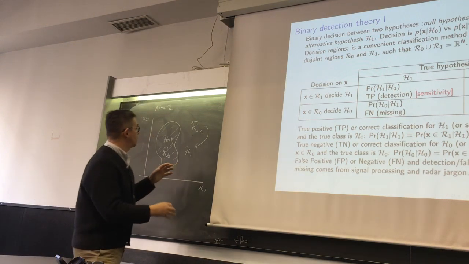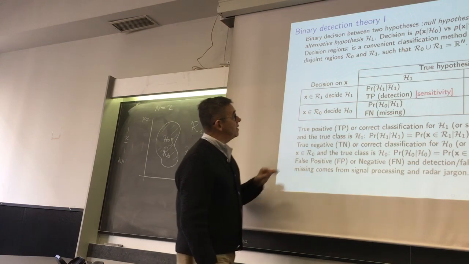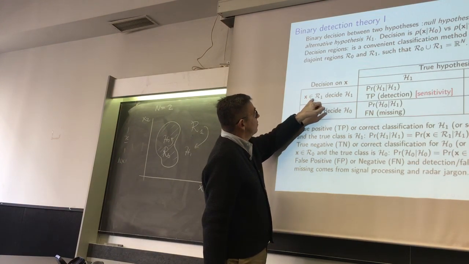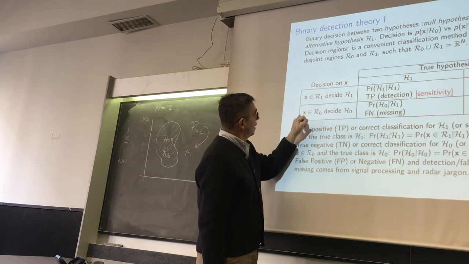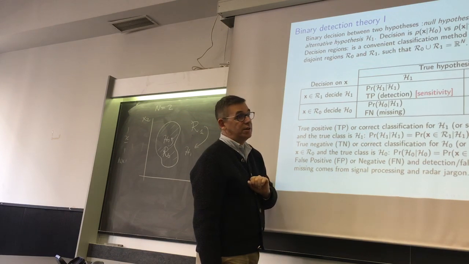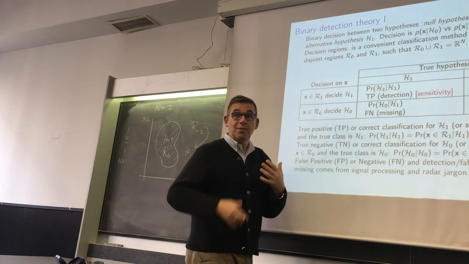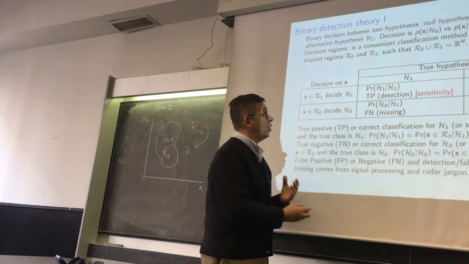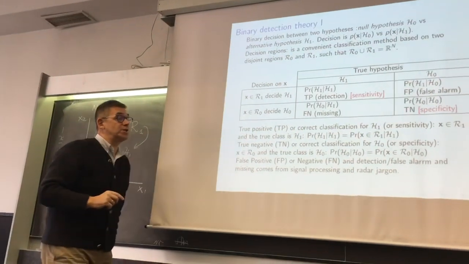So these are the two regions. Now, look at that. Imagine that if X belongs to the region R1, I decide for H1. If X belongs to the region R0, I decide for H0. Now imagine that I generate my model according to the two hypotheses, which are H0 and H1.